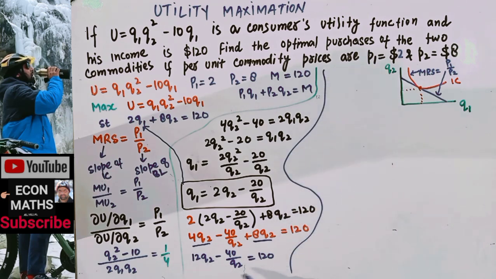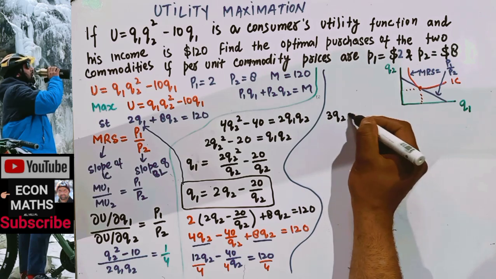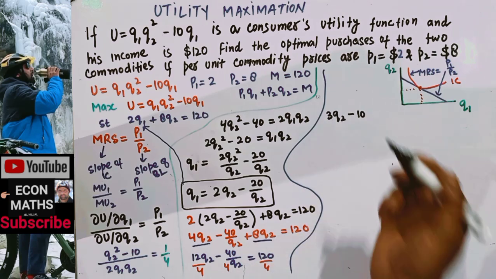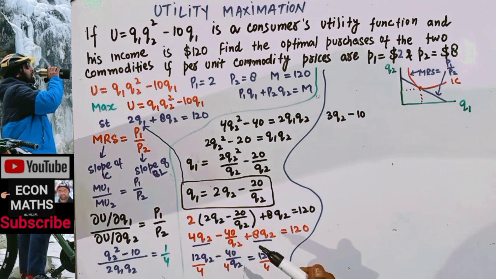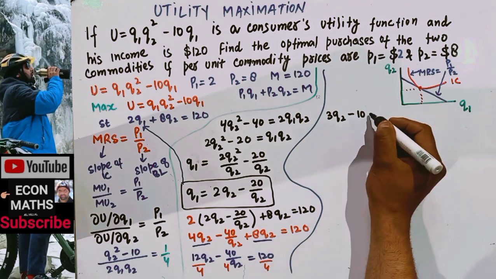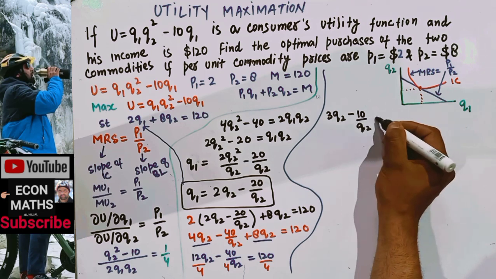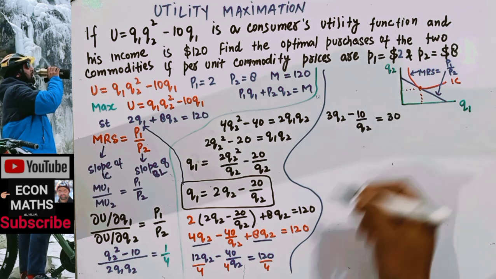Okay, so dividing both sides by 4, here 4, here 4, and here 4, so what we will get? 4 1s are 4, 4 3s are 12, so we will get 3 q2 minus 10 divided by q2 is equal to 30.